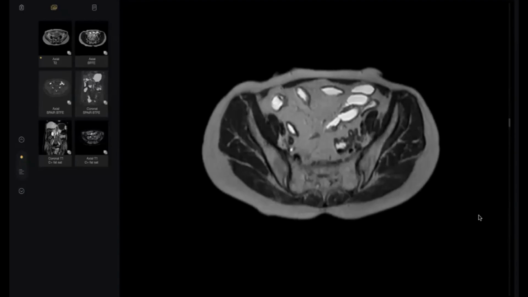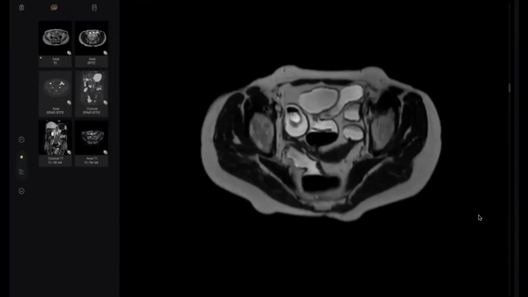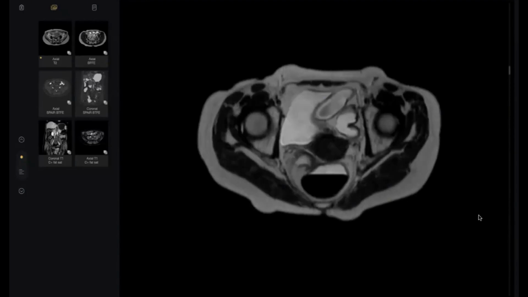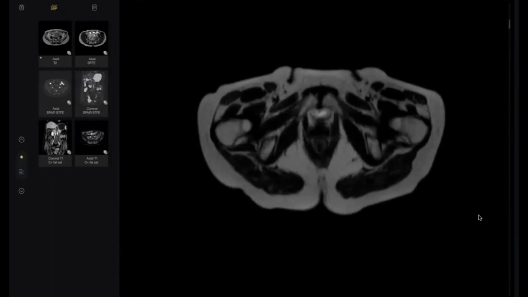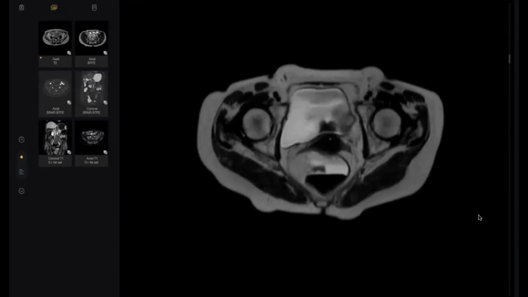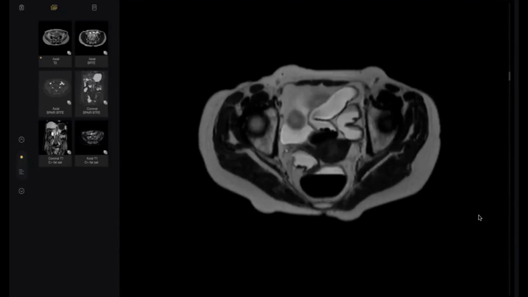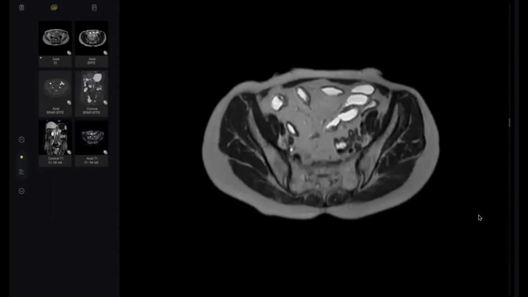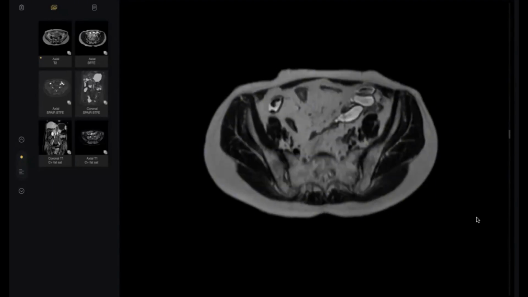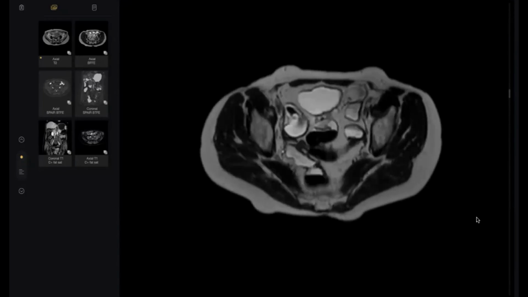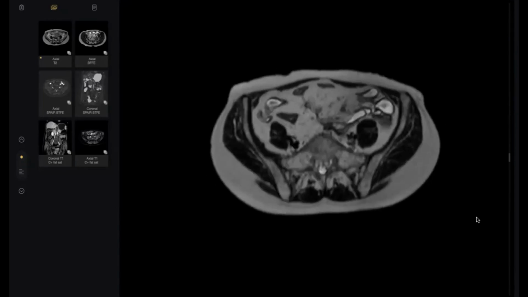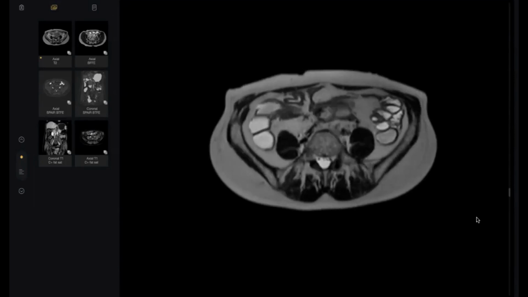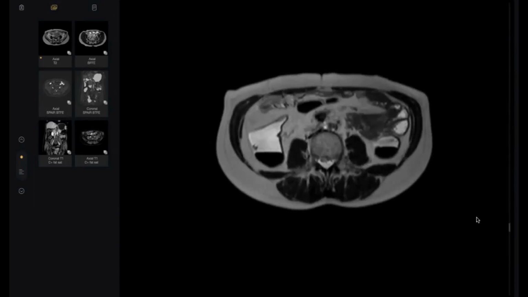I'm looking at the wall of the bowel loops. I can see that the wall is normal. Since the patient is having chronic diarrhea and weight loss, I'm trying to look at the ileocecal junction.